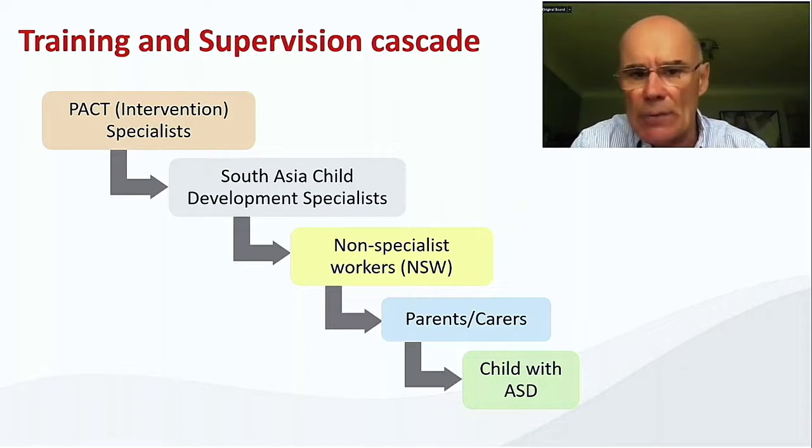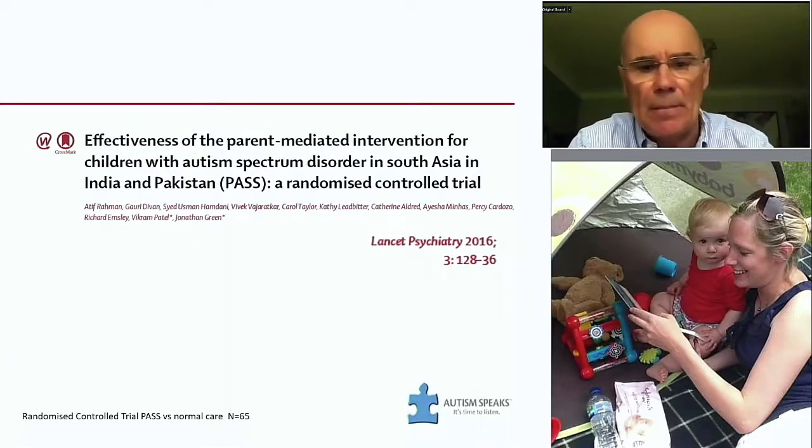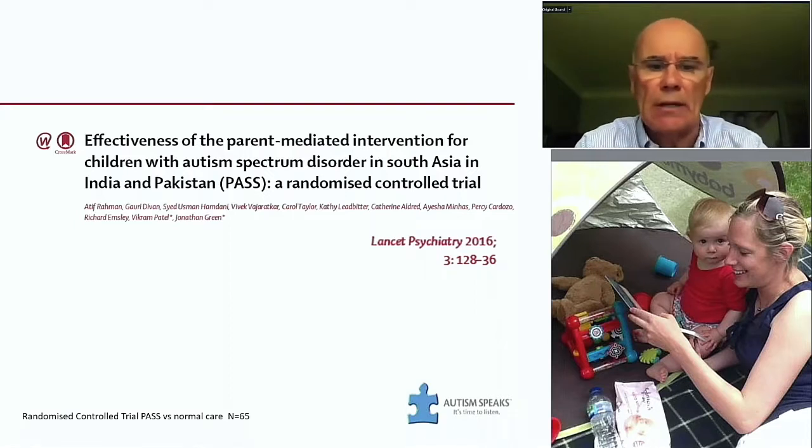We have to train up non-specialists. And what we showed with this cascade is that we could do that successfully, get them to work with the parents, just like our specialists do here with parents in the UK, and affect the child with the autism condition. And we've published various papers on this work in Global Health.